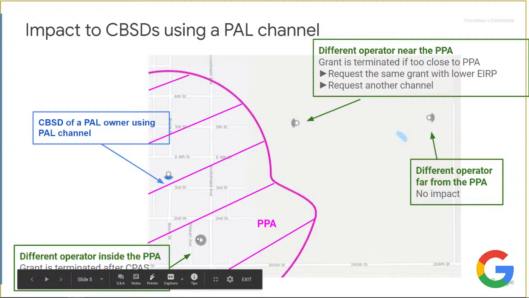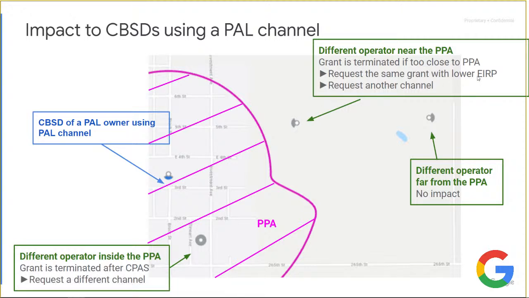So any devices that are actually located in the PPA do have to terminate their grant on that channel. It's devices outside the PPA, but close by, that have the opportunity to lower the EIRP.